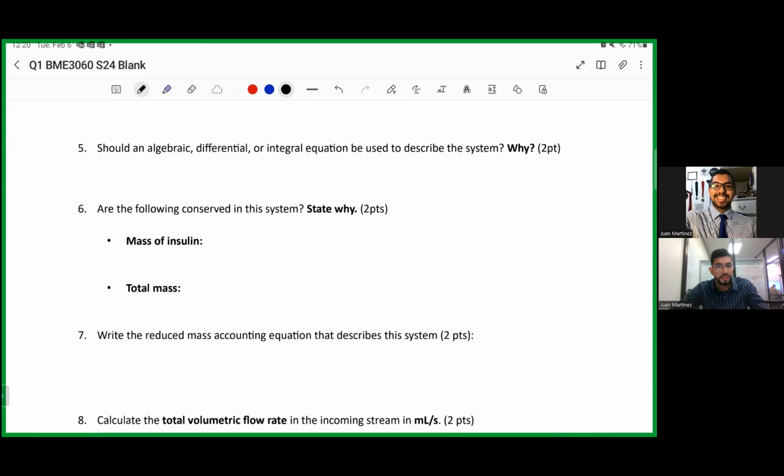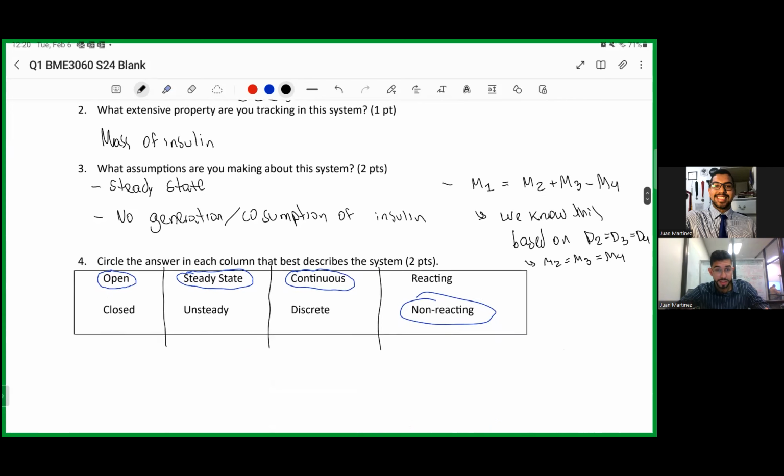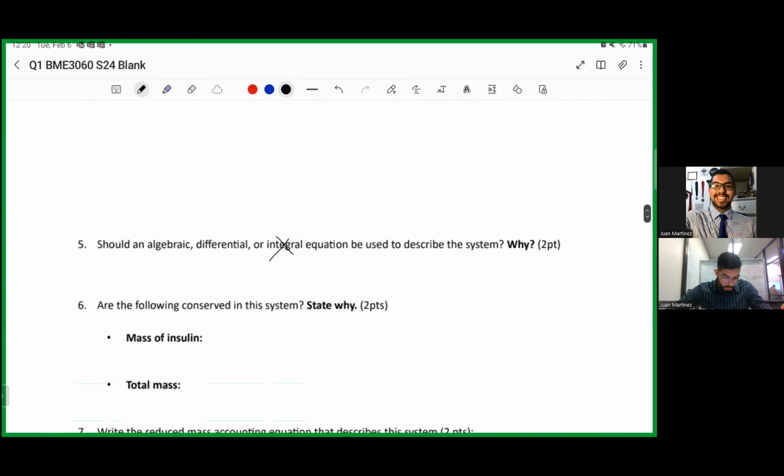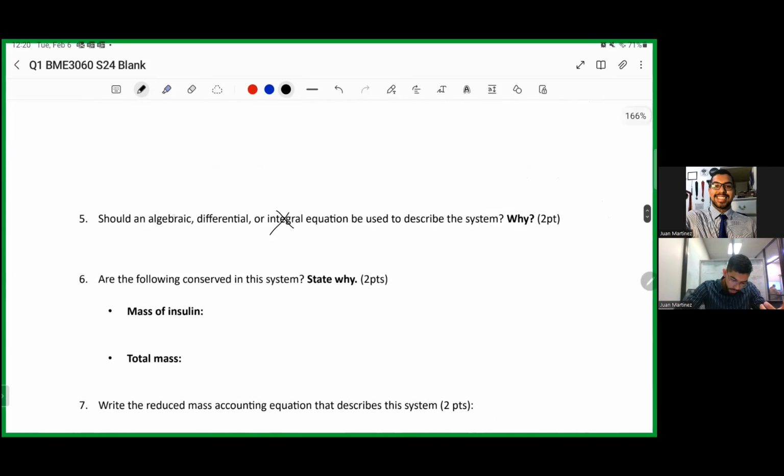In this case, we don't have that time frame, so integral is not going to advance. The same with algebraic. In algebraic, you're adding or subtracting based on specific quantities or time. But in this case, since this process is continuous, we are not able to do that either. Therefore, we can say that it's differential.